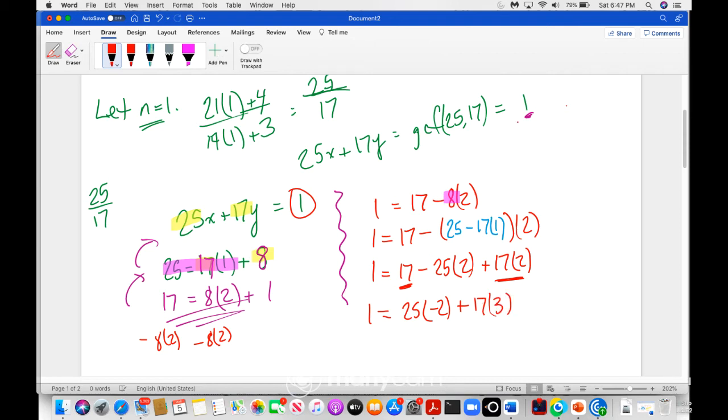Which, if you compare it to what I had up here, I have that the GCF of 25 and 17 can be written as a linear combination of 25 and 17. So in this case, my x is -2, and my y is +3. Something that I probably wouldn't have come up with myself, if I'm being perfectly honest.